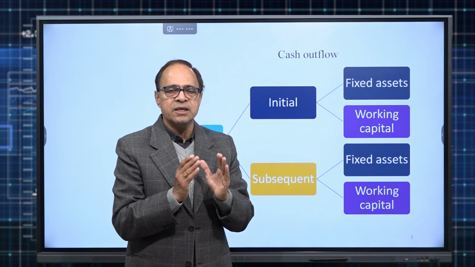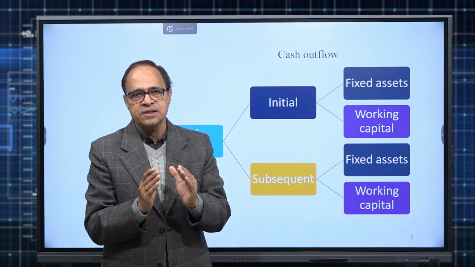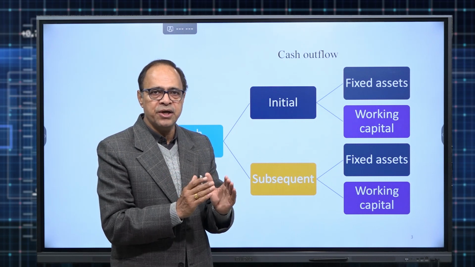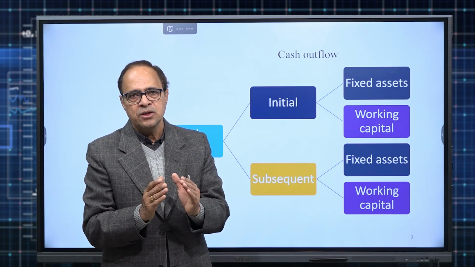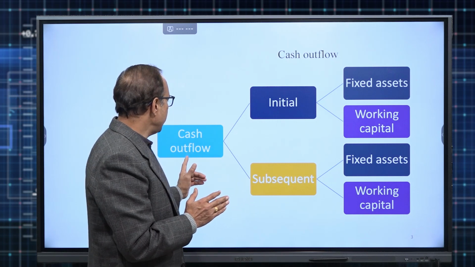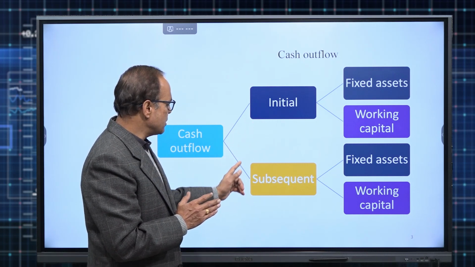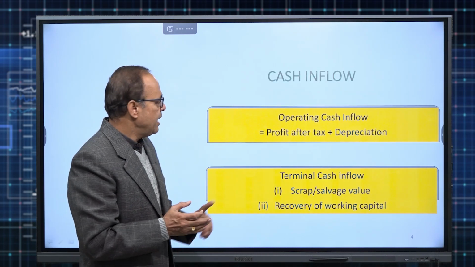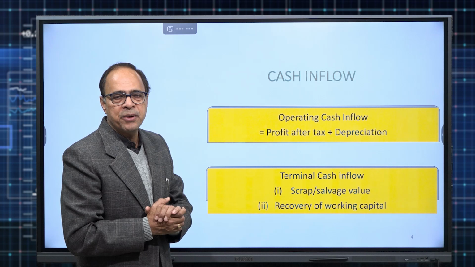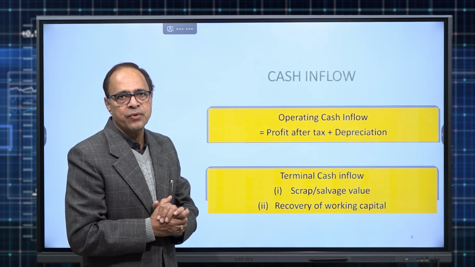You have to estimate cash outflow, that is investment in fixed assets, land, building, plant, machinery, as well as investment in working capital. So step number one is finding out cash outflow, initial cash outflow it may be, or subsequent cash outflow. Step number two, estimating cash inflow, operating cash inflow as well as terminal cash inflow.